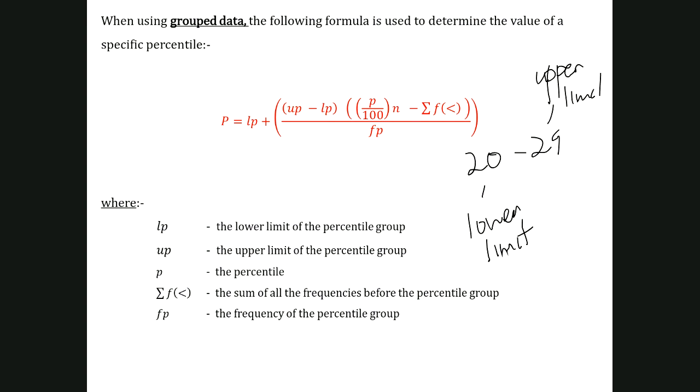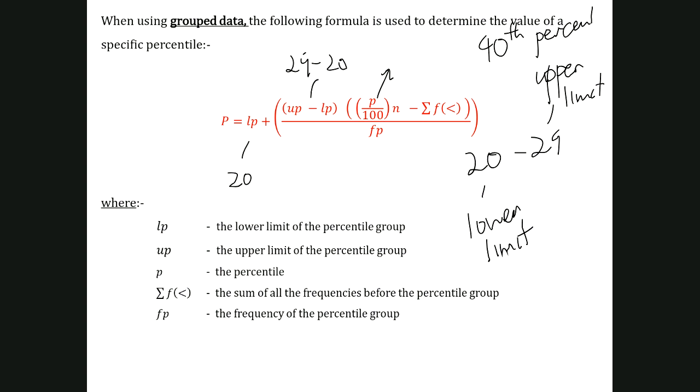So basically in this part, it would say 29 minus 20. Your LP would be your lower limit, which is 20. Then it says P over 100 multiplied by N, which is, let's say that they asked you for the 40th percentile, for example.